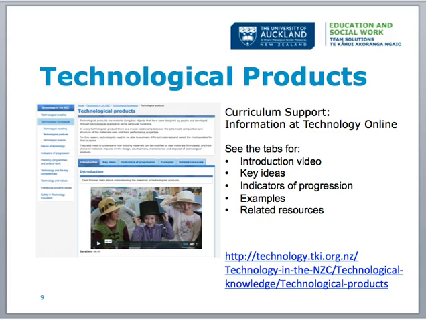For this reason, technologists need to be able to evaluate different materials and select the most suitable for their purpose. They also need to understand how existing materials can be modified or new materials formulated, and how choice of materials impacts on the design, development, maintenance and disposal of technological products.